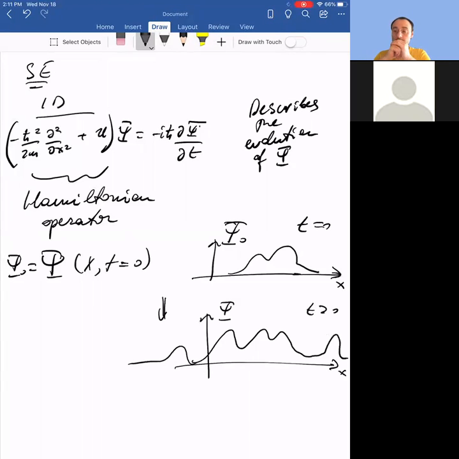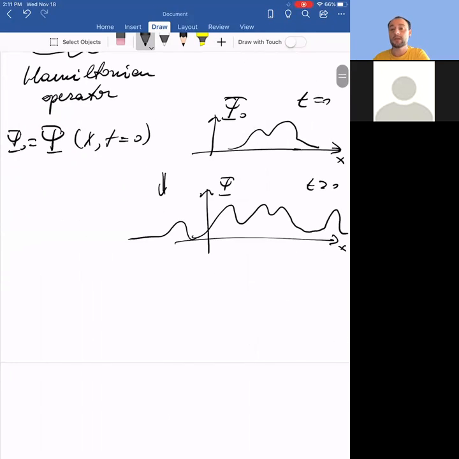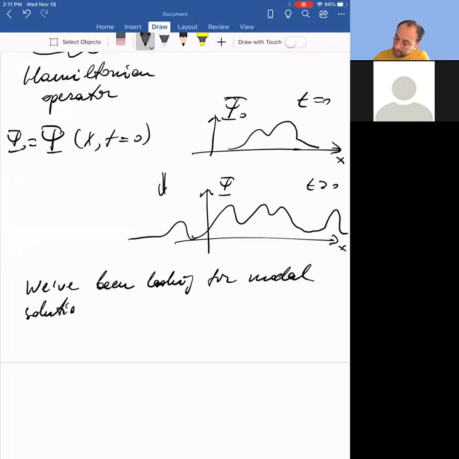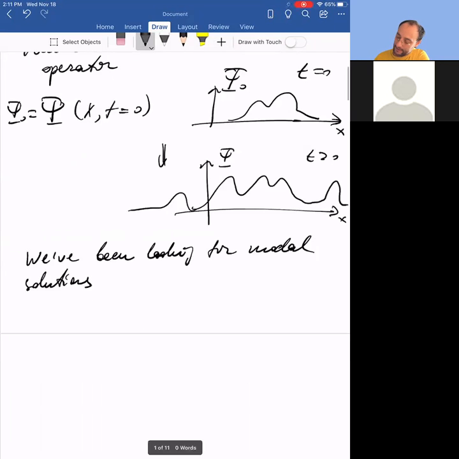We've been looking for solutions that are modal, in which you can express the wave function as a product of a spatial part and a temporal part.